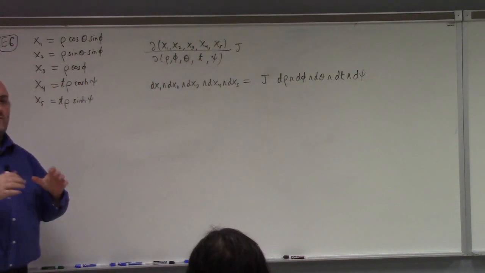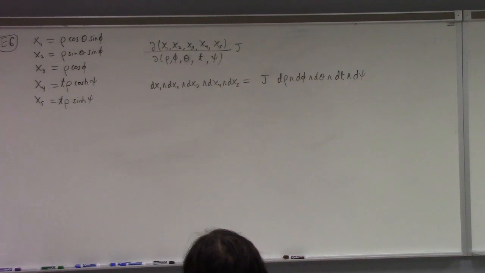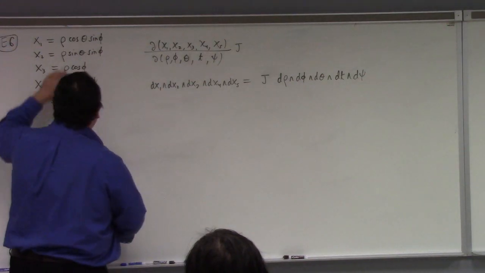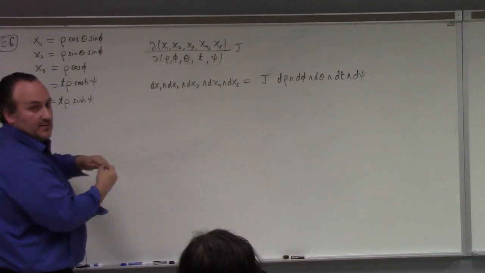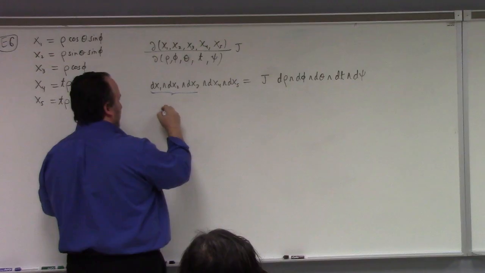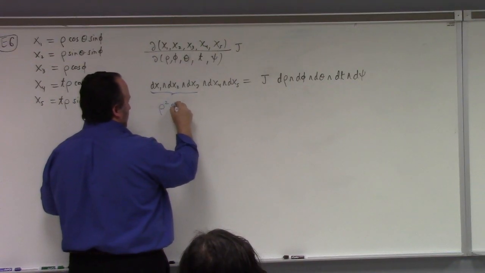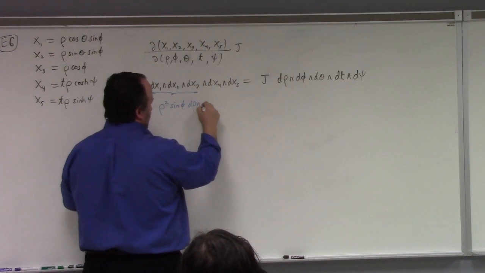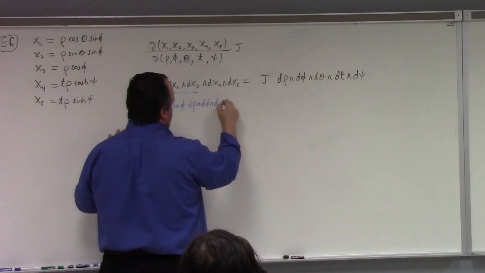With the wedge product, I can use what I already know to simplify parts of it. All I'm doing is spherical coordinates here, so we already know what happens there. That works out to rho squared sine phi d rho wedge d phi wedge d theta.